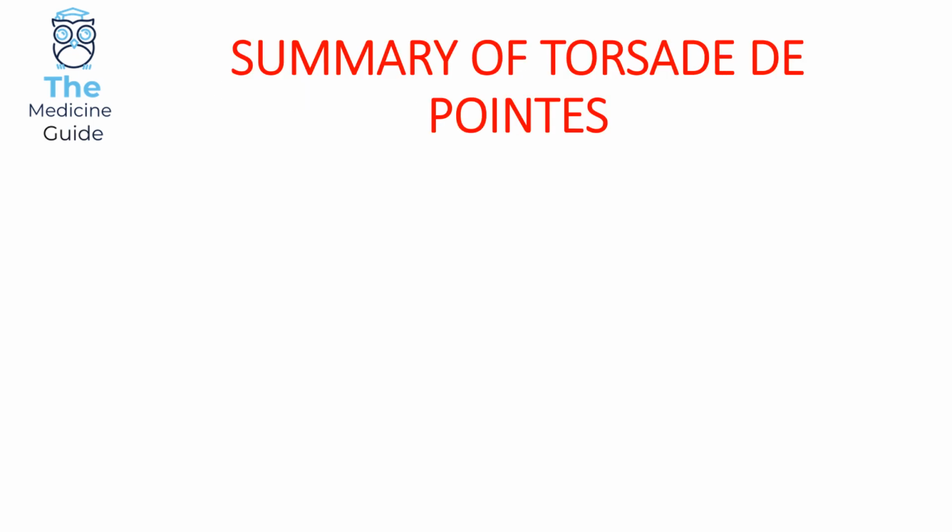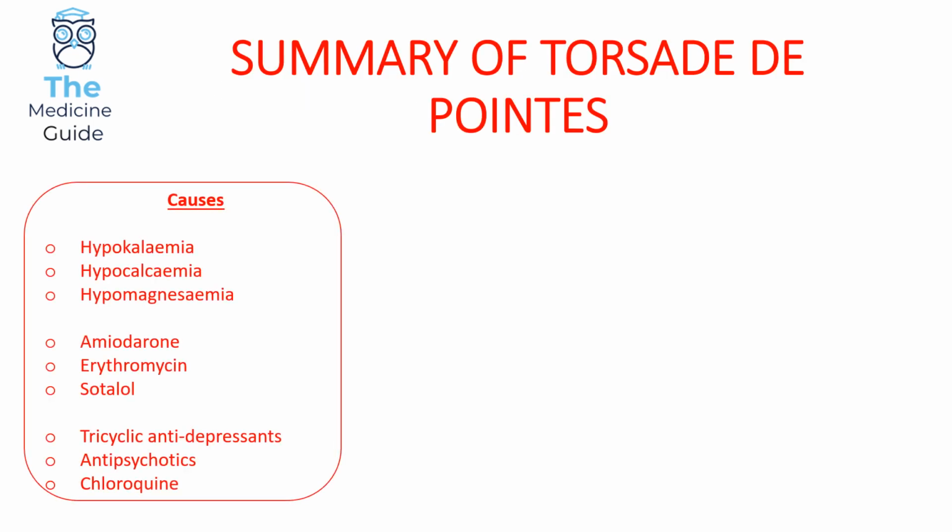So the key points that you need to remember for torsade de pointes is that it is caused by lots and lots of different causes. So torsade de pointes is caused by electrolyte abnormalities, and that's why I've included it as part of this video for completion. So torsade de pointes is caused by hypokalemia, hypocalcemia, and also hypomagnesemia.